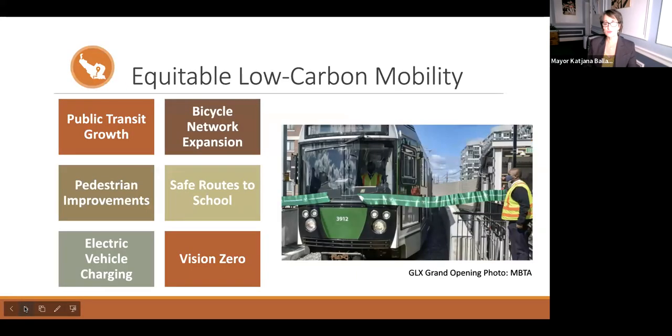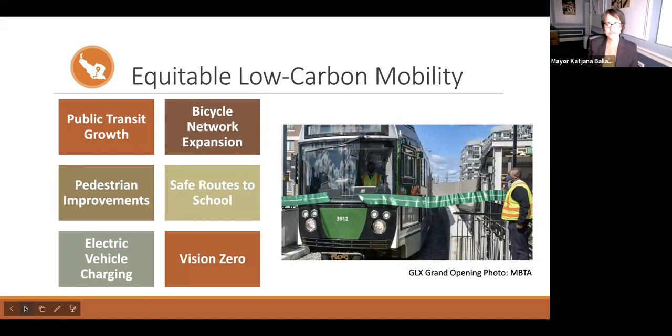The city is also working to make it easy for our community to choose low carbon ways to travel. The idea isn't to tell people what to do, but rather to make the green choice the easy choice.